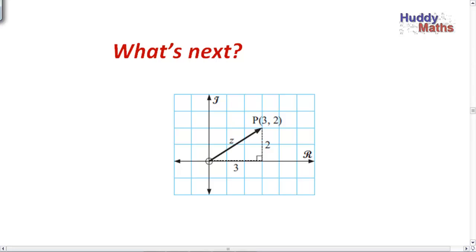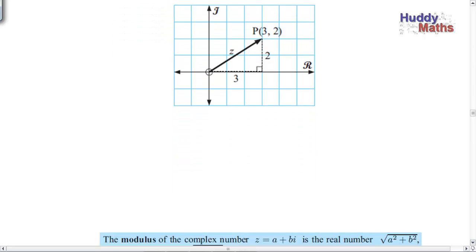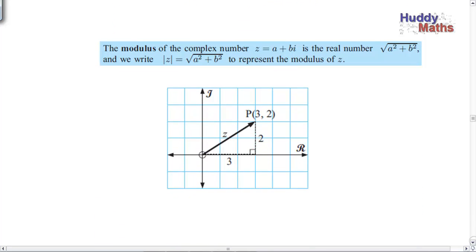It's pretty predictable now that we're on an Argand diagram what we're going to have to do. So here we're going to define this. If we plot a complex number starting at the origin, we want to find its length, the length of that vector. And you know from our previous work with two-dimensional vectors, the vector 3, 2 means displacement 3 in the real axis and 2 in the imaginary direction.